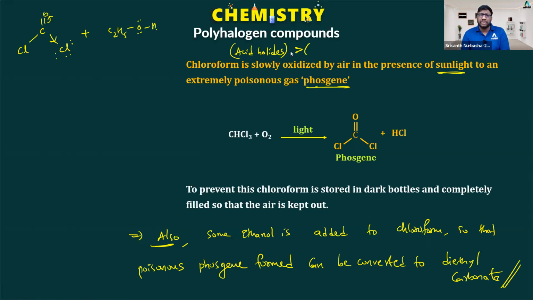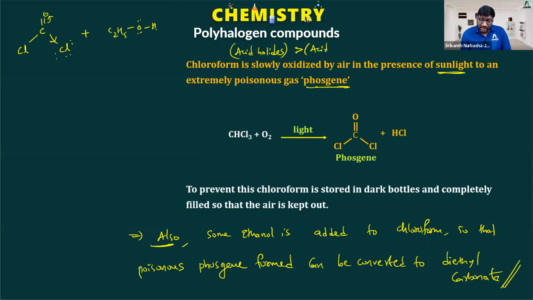Acid halides will have the greatest reactivity towards nucleophilic substitution because the carbon is going to be more electrophilic. You should not think of the lone pair of electrons on chlorine in resonance. You should always think of chlorine as a greatly electron withdrawing group.